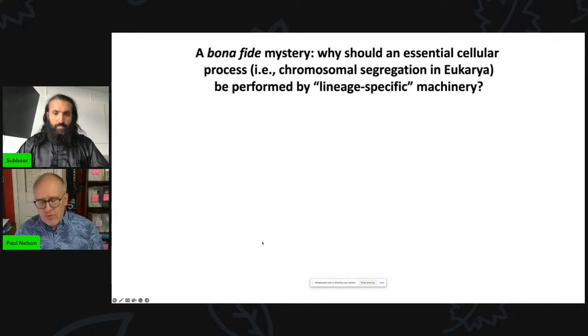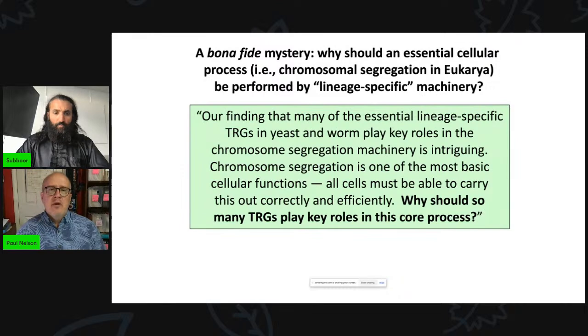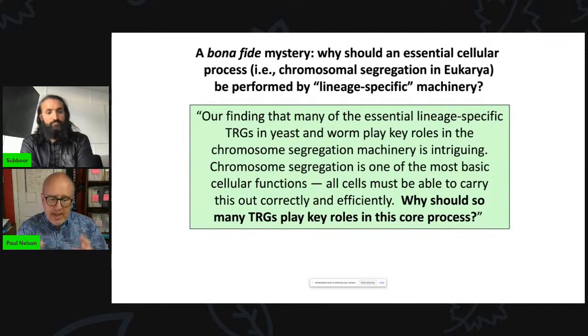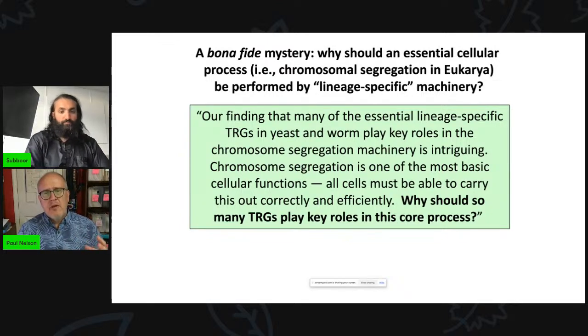And what they found was remarkable: when you look at the protein machinery involved in chromosomal segregation in these groups, it appears to be not universal, but in fact lineage specific. So this is a quote from, I believe, the conclusions of their paper. Essential lineage specific taxonomically restricted genes in yeast and worms play key roles in chromosomal segregation.